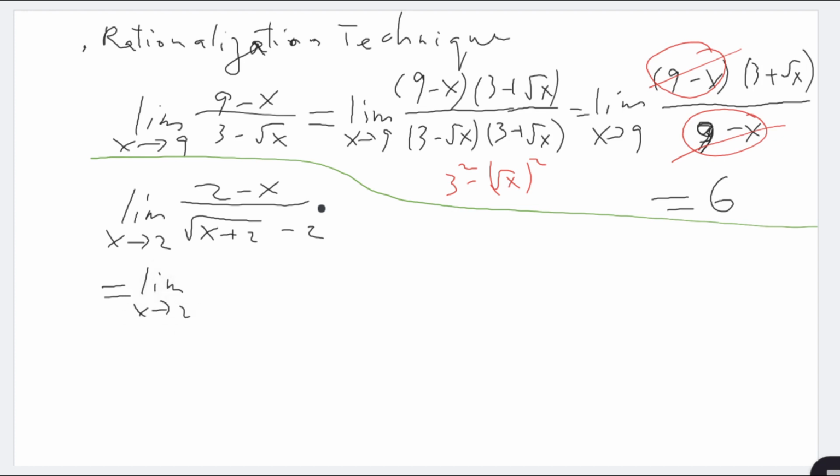How? Multiply by the conjugate. The expression we try to rationalize is minus, so we're going to multiply by plus, times plus 2.